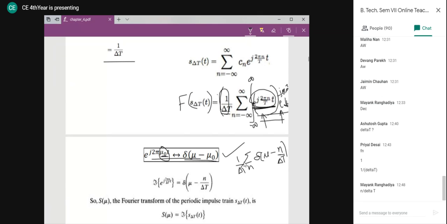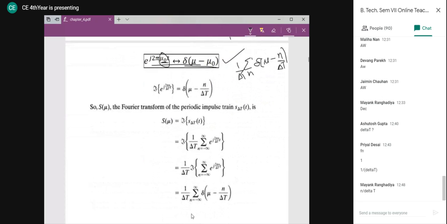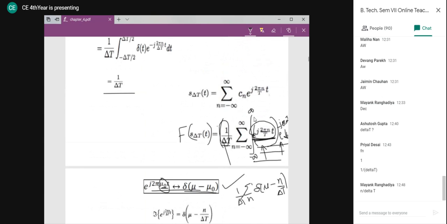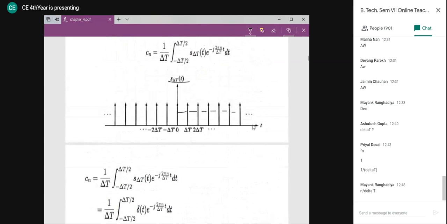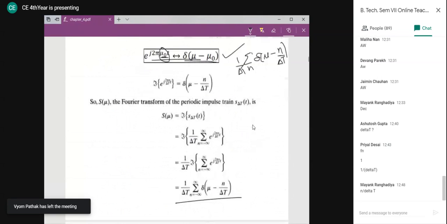Other terms are as they are. This 1 by delta t, this summation, just resulted into this. Observe. So this is the Fourier transform of my impulse train. This is one more fact that you should keep in your mind. We will use it.